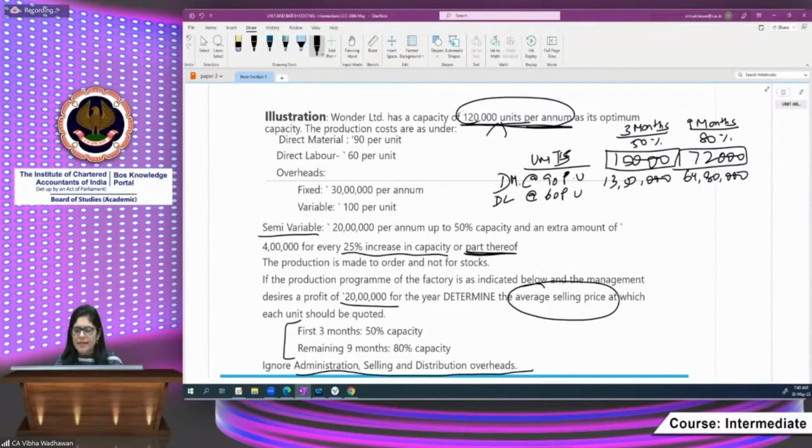It's 60 per unit. Since I'm not getting the answer, I'm calculating. 9 lakh is direct labor. And for 72,000, it's 43,20,000.